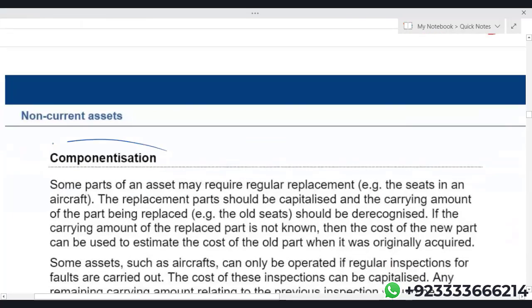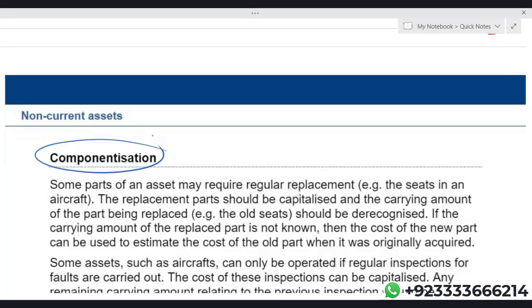Another concept is componentization. What do you mean by componentization? The main concept is that there are a number of assets which are a combination of multiple components, where each component has a different useful life.